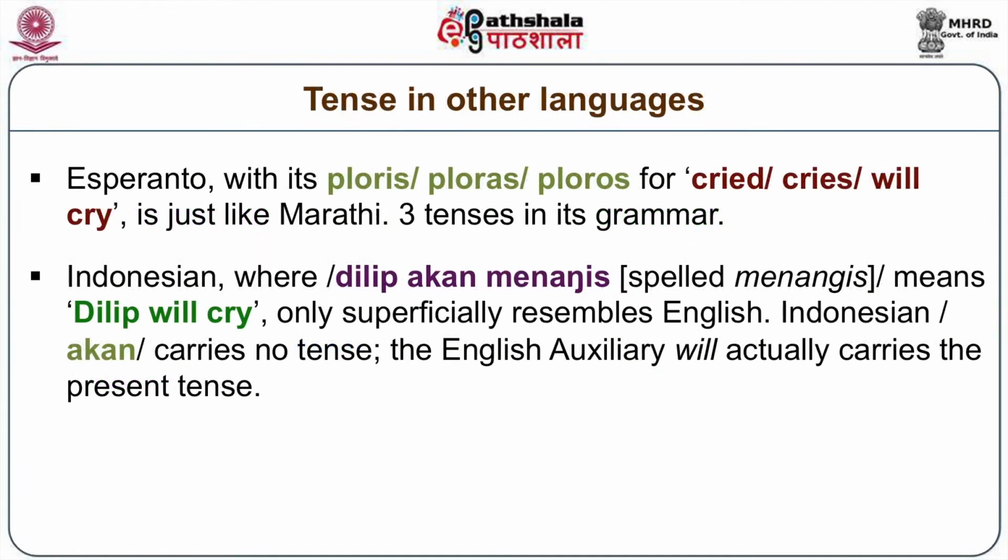In Indonesian, when we wish to say Dilip will cry, the way to say it is Dilip akan menangis. The nga between na and is written ng in the standard spelling of Indonesian. Akan can be compared with the English will.